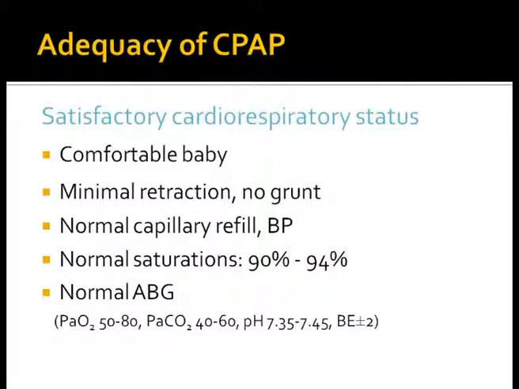Heart rate, capillary refill and blood pressure should improve. A pink, well-perfused baby with saturation in the range of 90 to 94% and PaO2 between 50 to 80 mm of mercury confirms adequacy of CPAP.